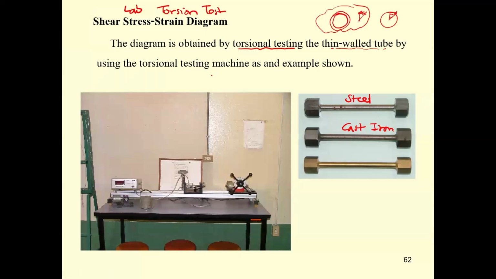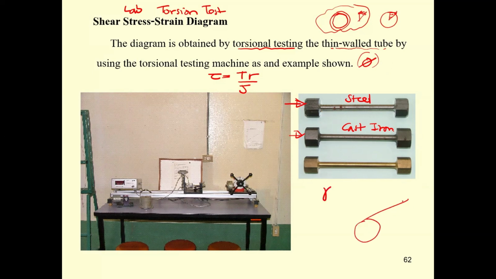Then you have to compute tau equal to PR over J. Okay, that's going to be the shear stress occurring in our specimen. And also, you determine the angle of twist. Okay, and then the angle of twist can be used to determine shear strain.